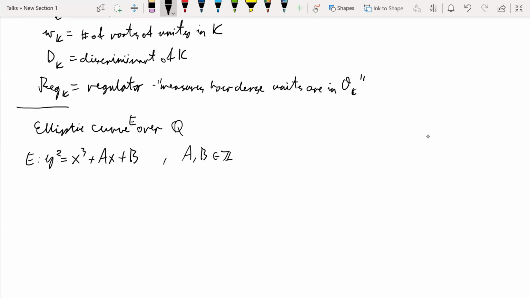And if those coefficients are integers, then we can also consider the reduction of this curve modulo primes. So for any prime p, let me write this as E(F_p). There's a bit of an abuse of notation here, but this is meant to be not just the number. This is supposed to be the set of solutions.